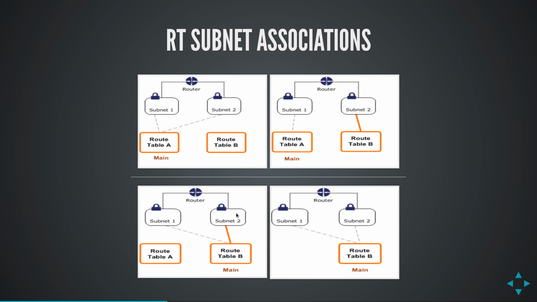In this diagram, it's schematically shown how you associate them. Step by step, you associate a subnet to the custom route table, then it will be automatically removed from the main table, and eventually you either have the situation where you have both, or only the custom table, and in the last part you can even dispose of the default route table.